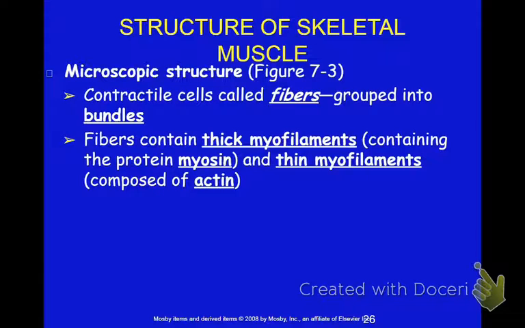And again, I really recommend you don't write things down in complete sentences, but instead use bullet points and equal signs. So I would say thick myofilament equals myosin. Thin myofilament equals actin. I wouldn't write parentheses composed of blah, blah, blah. Abbreviate it, because your brain can remember things better when it's short and sweet.